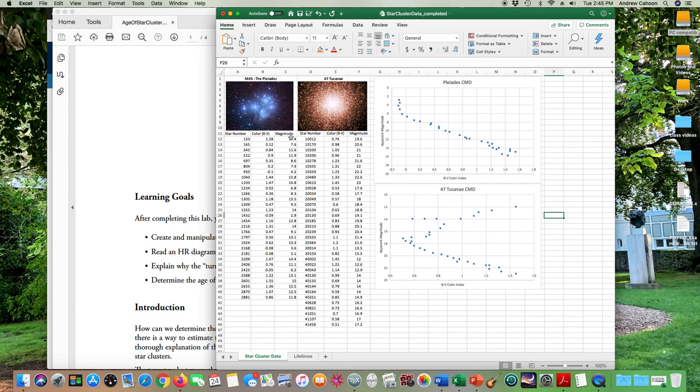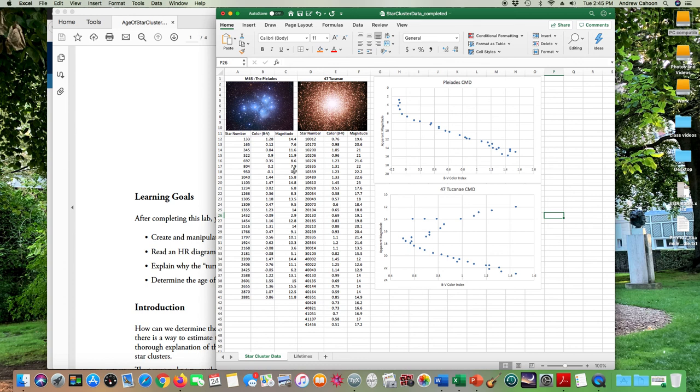Magnitude is the apparent brightness of the star. Now, because the stars are all at the same distance, we can use apparent brightness instead of the luminosity. The only reason we couldn't use apparent brightness to talk about the luminosities of stars is if we couldn't distinguish how far away they are. A star might be bright because it's closer to us, or dimmer because it's farther away.